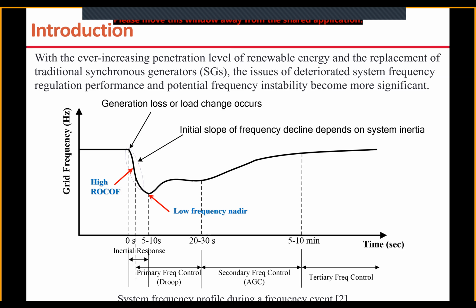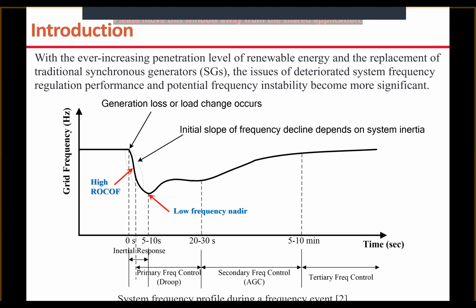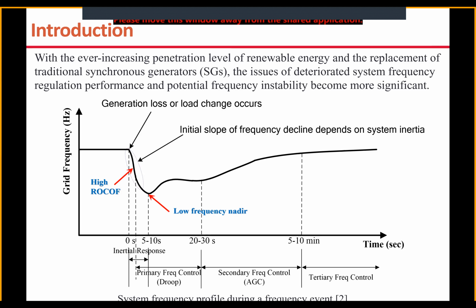It could be due to the loss of a lot of wind turbine generators, or even traditional large generators. If we have a big generation loss or big load increase, the frequency will drop, okay?